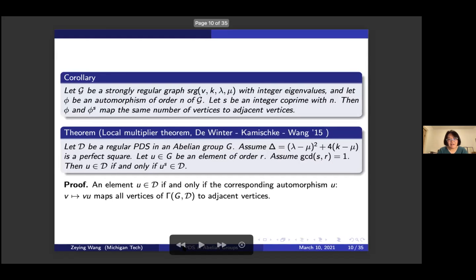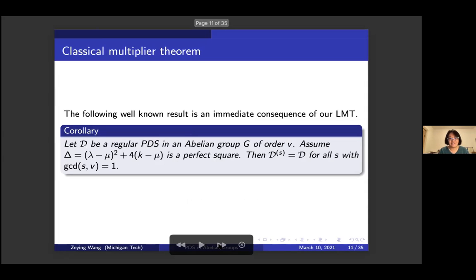I would not say that you cannot imply it from the classical one. One thing I didn't say is, after we got our local multiplier theorem, we did try, and we succeeded, to prove our local multiplier theorem from the classical one afterwards.